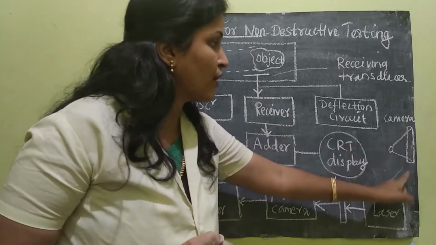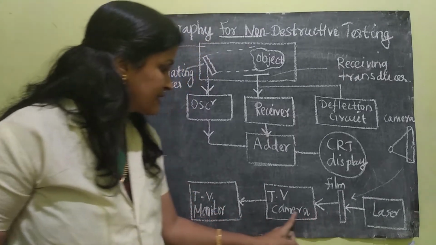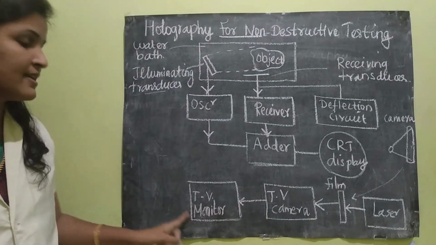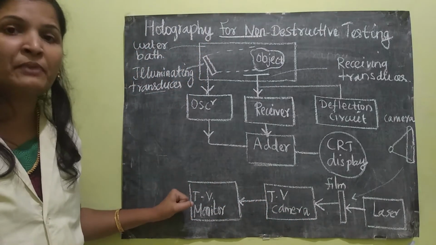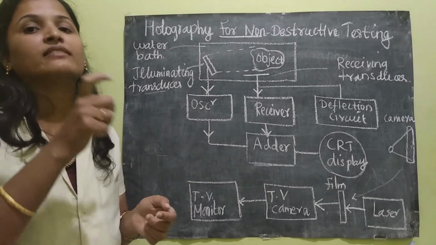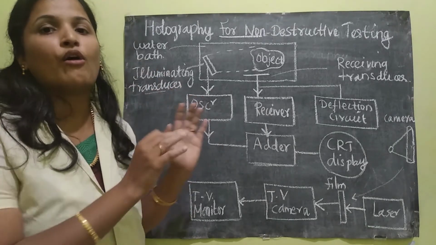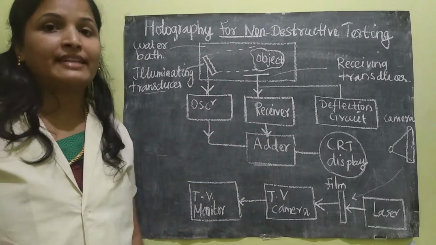That will be recorded by this camera as a photographic film. That film is allowed to fall on this TV monitor. By simply viewing the TV monitor, we can find where the deformity is. This is the entire working of this non-destructive technique.